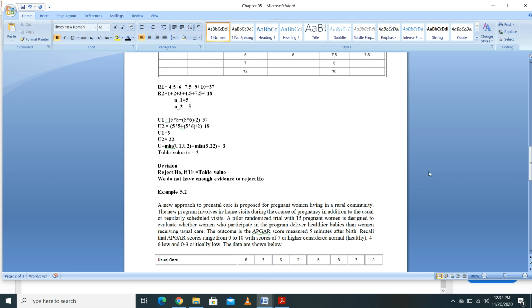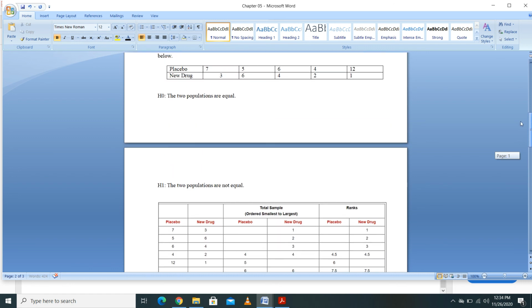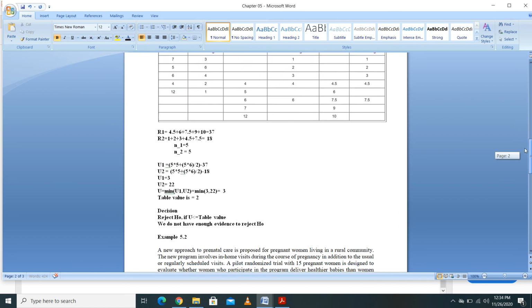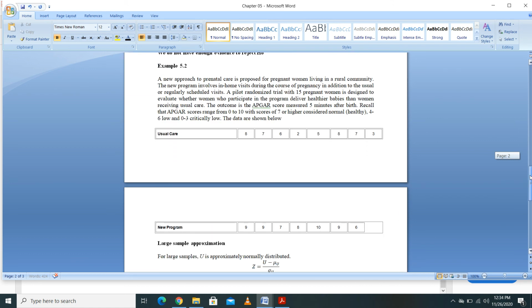So we can conclude that both samples are coming from the same population. The two populations are equal. So that's how we conduct the Mann-Whitney test. The same thing you can apply for this example and see.